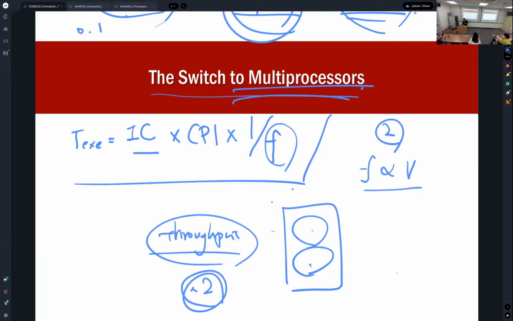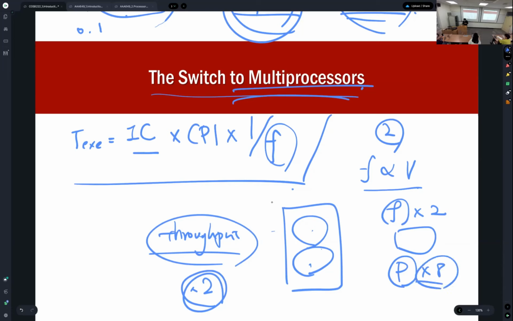So think like this. If we increase the frequency twice, then power is increased by 8 times. But if we just add 1 more core, then throughput is increased by 2, and power consumption is just double.